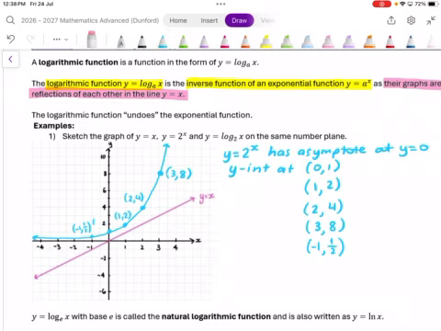Actually, I might move my (0, 1). Okay. So that is what our exponential function is. Oh, I need to label my function y equals 2 to the power of x.